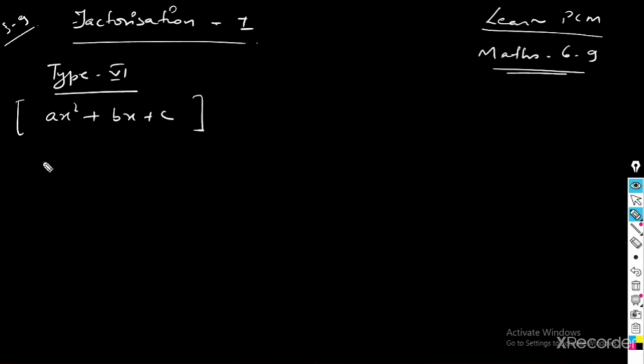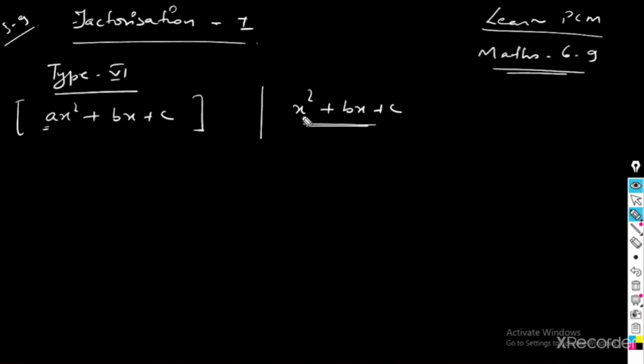This type of expression is actually the second step towards the previous type. In our previous session, we have done this type of expression. We have learned to factorize expressions where we had x square plus bx plus c. We were not having this a along with x square.